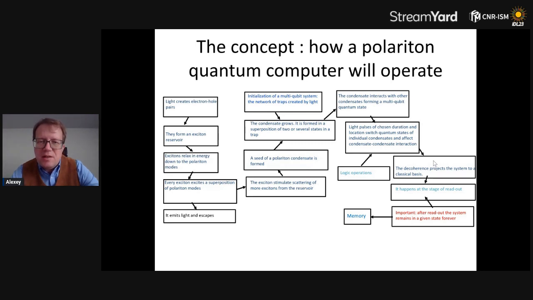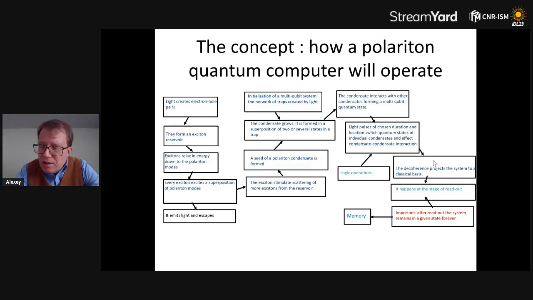And this is the initialization of our multi-qubit system, that is prepared in some specific quantum state that we need. So the condensates interact with each other, usually nearest neighbors. So far, we cannot couple next nearest neighbors, but we are working on that.